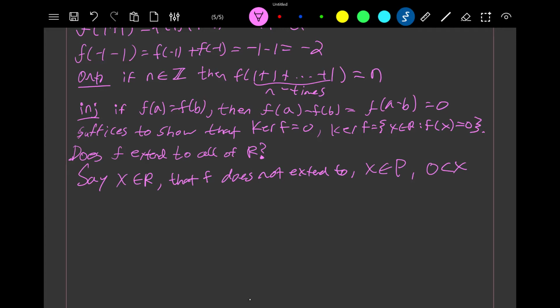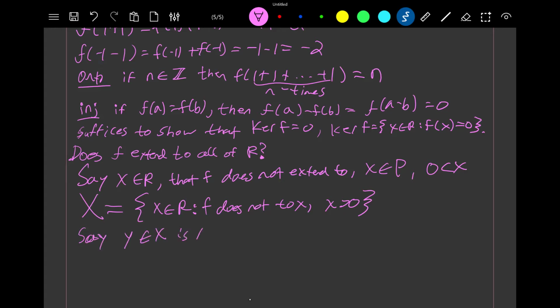Well, what if we take x to be the set of all elements of R such that f does not extend to x and x is greater than 0. So we'll take this set and then we'll use the well ordering principle. And let's say y in x is the smallest.